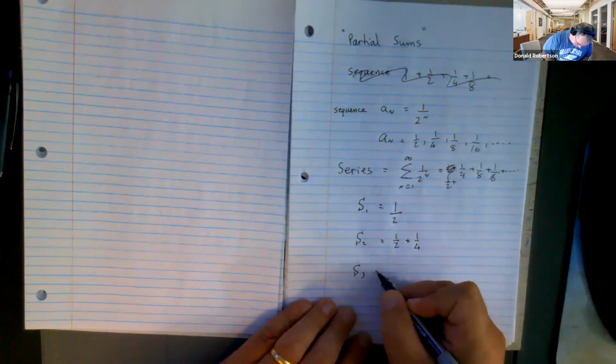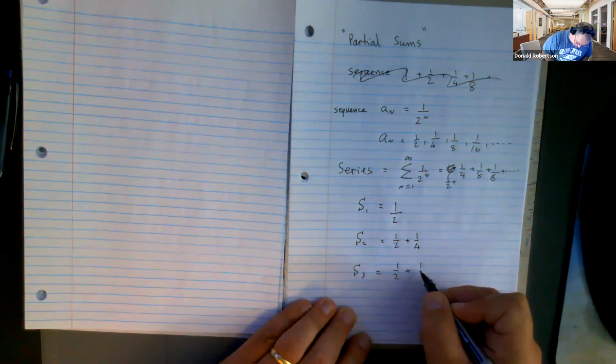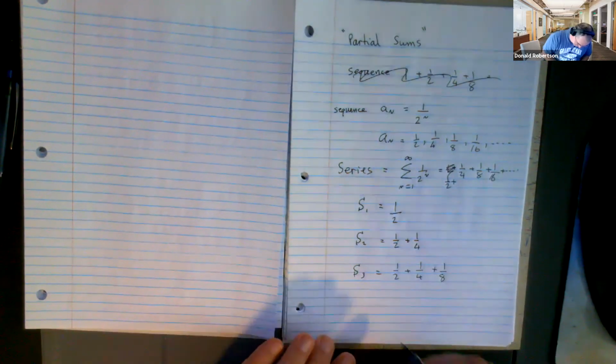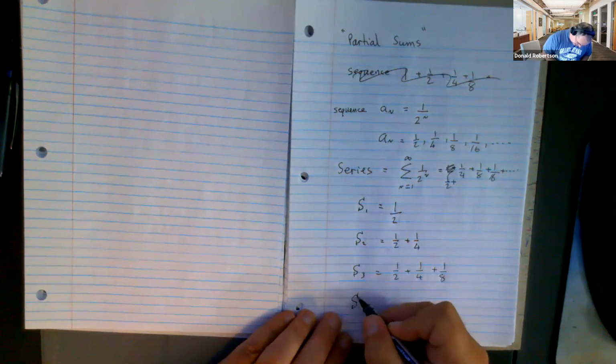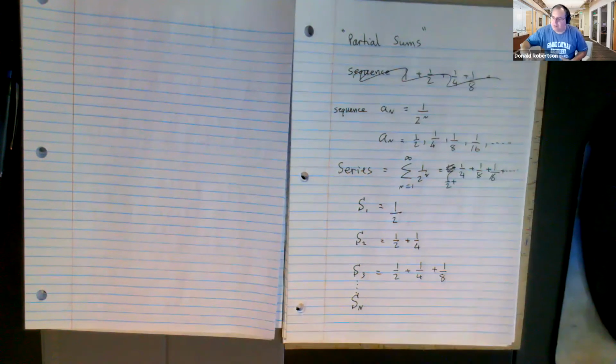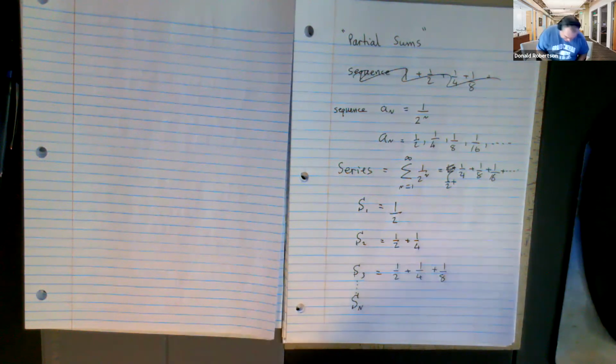This is what you get for S3. And this is the partial sum S_n. So this is your idea, like maybe the first 1,000 terms or the first 1,000,000 terms, right? We'll just call it S_n, and n could be 1,000 or 1,000,000.